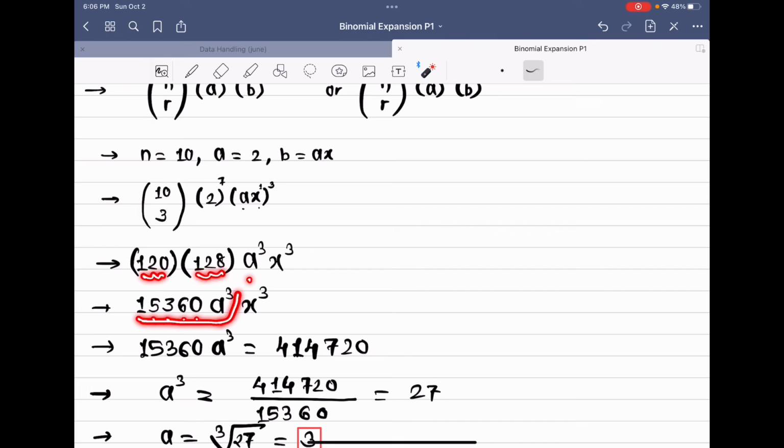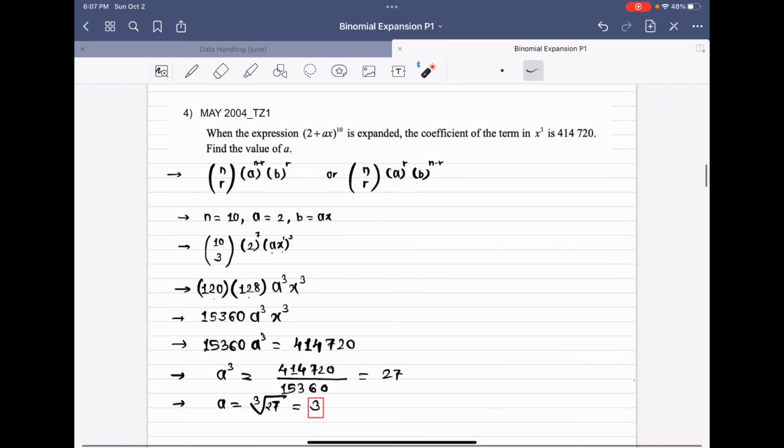This is the coefficient of x raised to 3. Coefficient means a number associated with that. When I say coefficient of x cube, it is not only a number, it is a constant also. Here the unknown constant is a cube. So 15360 a cube. And the coefficient of the term in x cube is given as 414720. So I am writing 15360 a cube is equal to 414720.